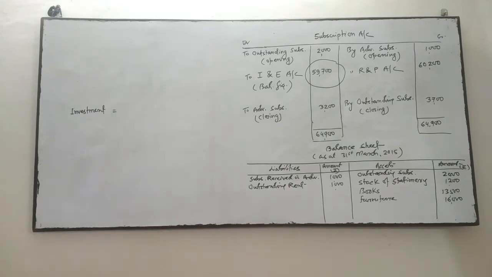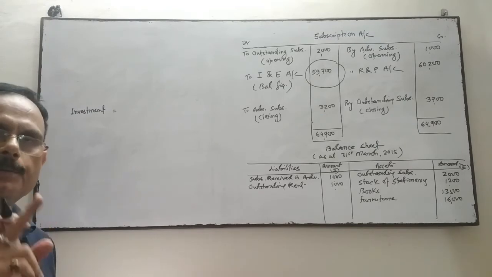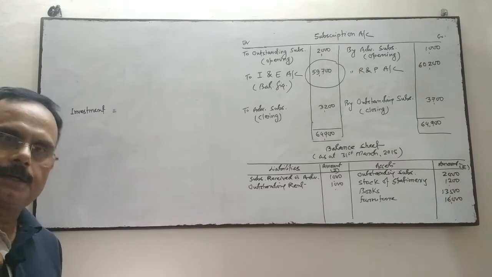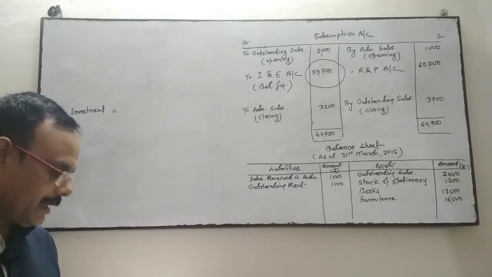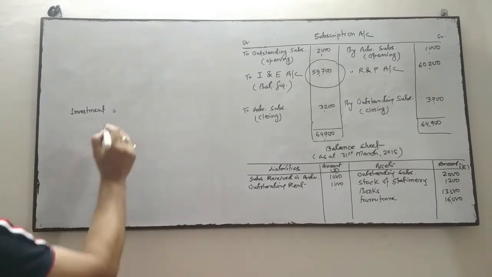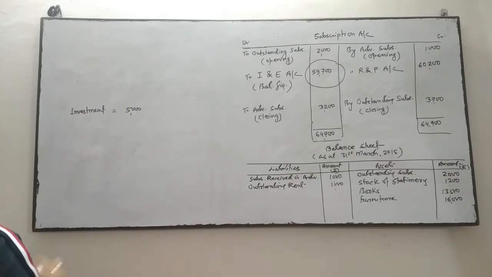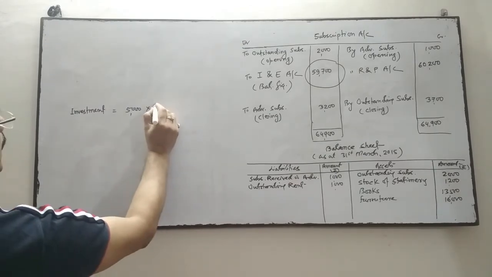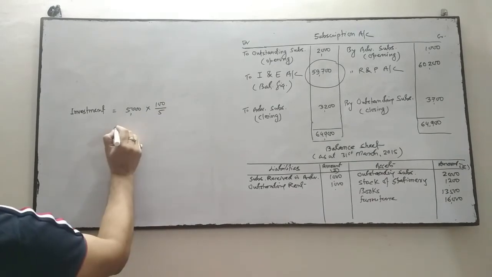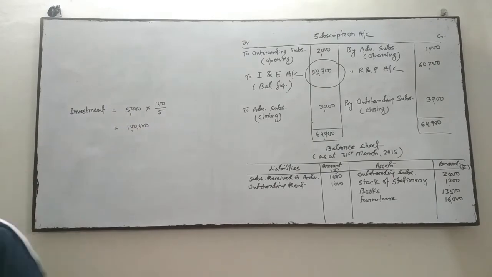If the rate of interest is 5%, if you are earning 5 rupees, it means our investment is 100. So if you are earning 5,000, how much will be our investment? 5,000 is the interest we have received, into 100 upon 5. So it is 1 lakh. Investment is 1 lakh.